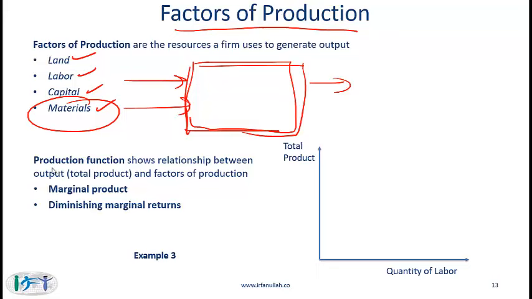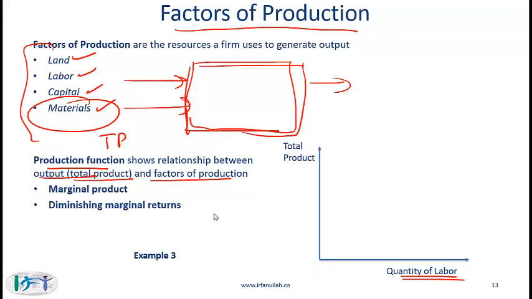A production function shows the relationship between output, which is also sometimes called the total product, and the factors of production. Here are the various factors of production. In this particular reading and in many economics textbooks, we take labor as the factor that is most easy to change or vary.